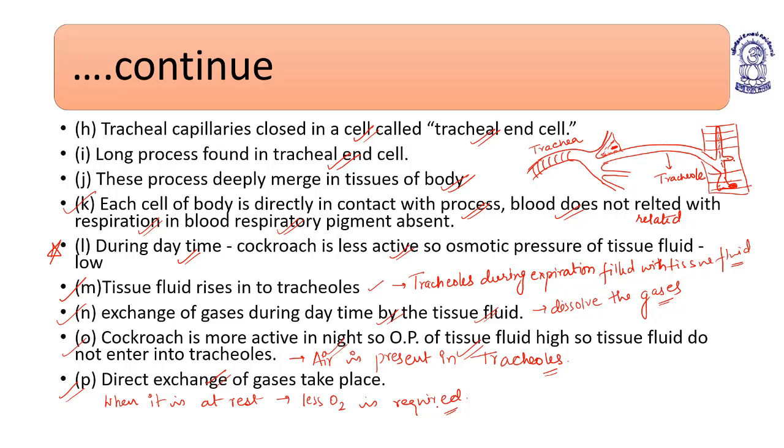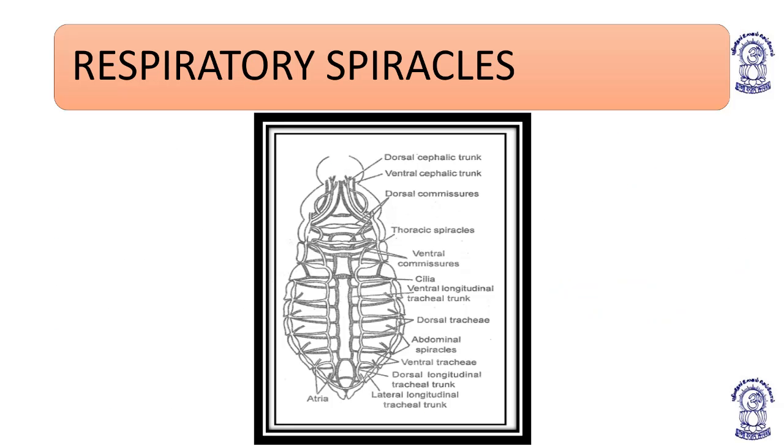This oxygen gets dissolved in the tissue fluid. Low osmotic pressure during daytime, and when it is more active, the osmotic pressure increases, and that is why the air comes and displaces the tissue fluid. Understood? Now coming to the next, these are the respiratory spiracles.